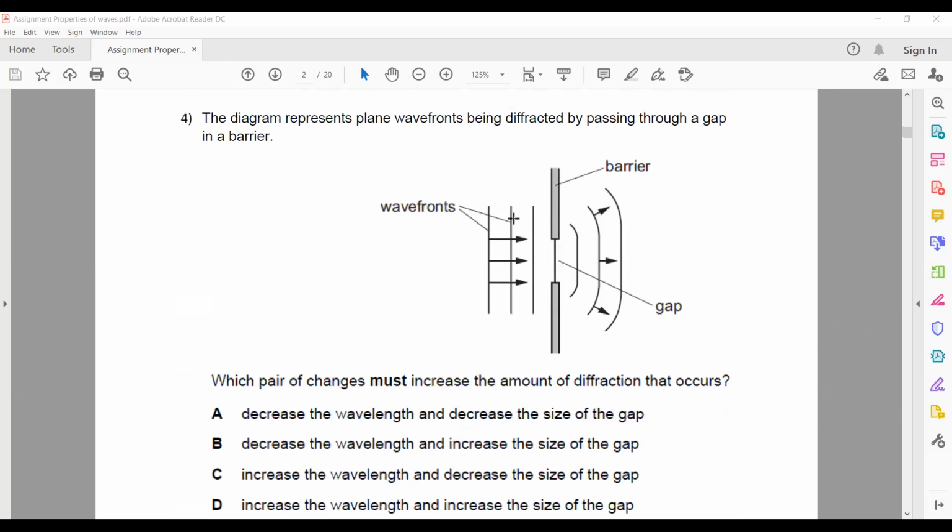Question 4. The diagram represents a plane wavefront being diffracted by passing through a gap in a barrier. Which pair of changes must increase the amount of diffraction? That means what should I do to increase the diffraction. In the picture, you can see the wavelength is smaller and the gap is bigger. So what should I do to get maximum diffraction?